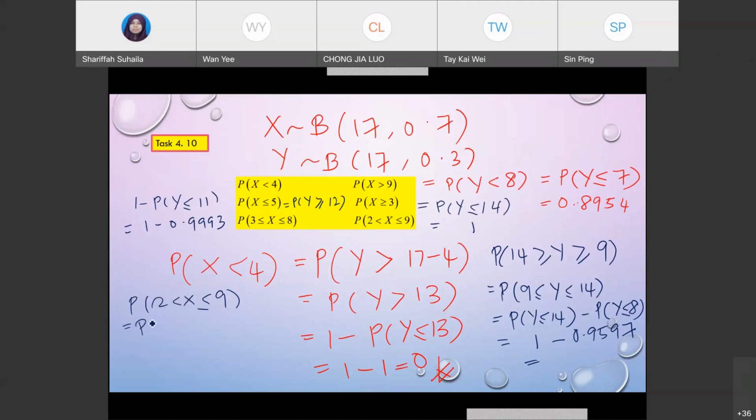We change the probability first. So you have 17 minus 2, so 15 greater than y greater than or equals to 17 minus 9, which is 8. So y less than 15. What you want is 8, 9, 10, 11, 12, 13, 14. So we have y less than or equals to 14.